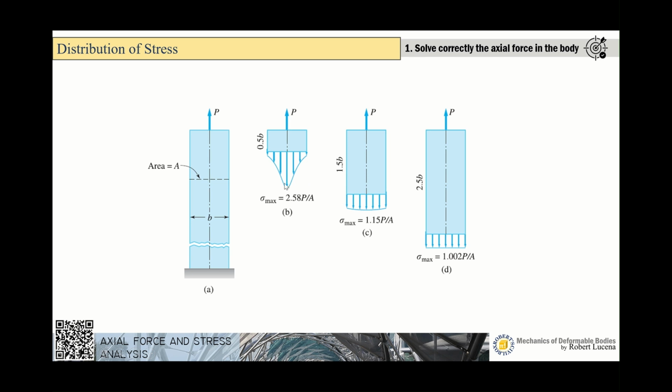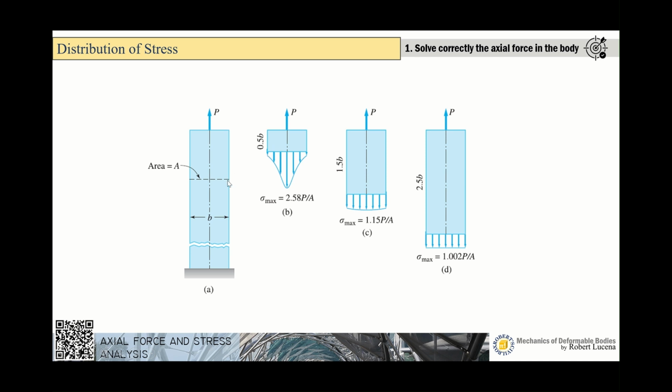In reality, stress is not actually uniformly distributed in some cases. As you can see in this figure, we have a load P applied atop of this member. And if you explore the cross section somewhere around half the width of this material, a more concentrated stress is over here at the centroid. But as you go to the outer portion of this material, the stress is less.